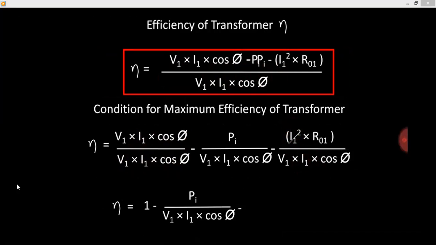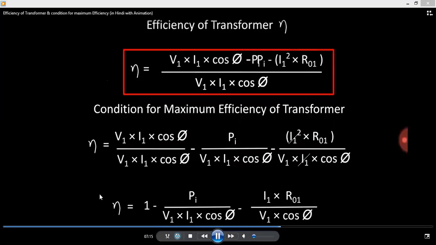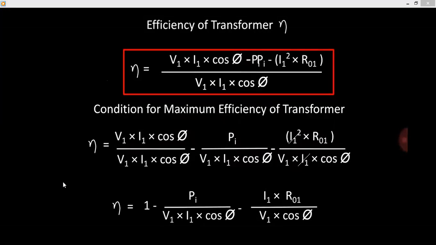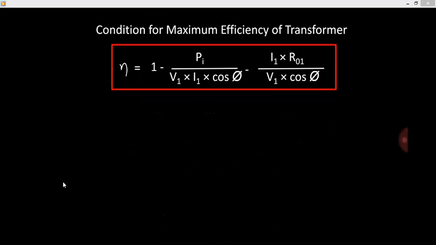Just practice this particular value. It's I1 square. One minus this expression we are having.